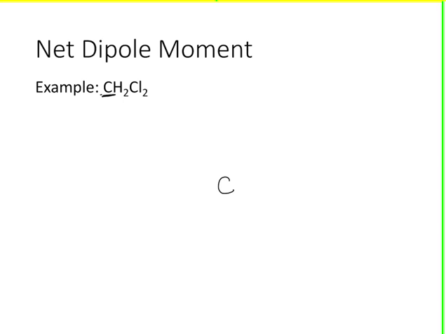Okay, so now carbon has 4 valence electrons, and then we have 4 atoms that will surround that carbon. We have 2 hydrogens and 2 chlorines. All right, so let's just put those around the molecule. It doesn't really matter where we put them, but also don't forget that chlorine has 7 valence electrons, so there will be 3 lone pairs on chlorine.